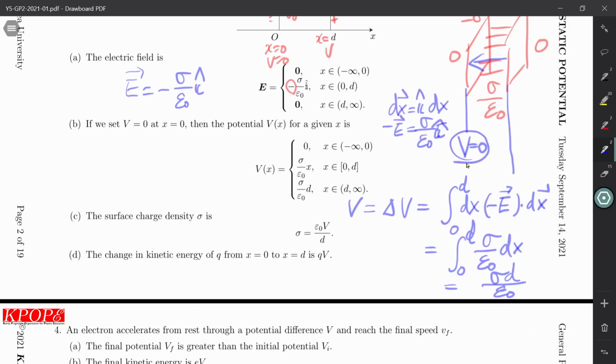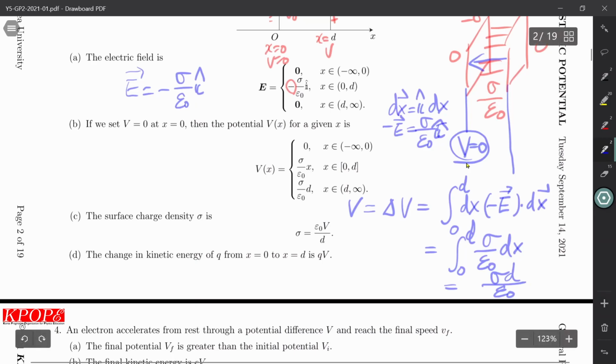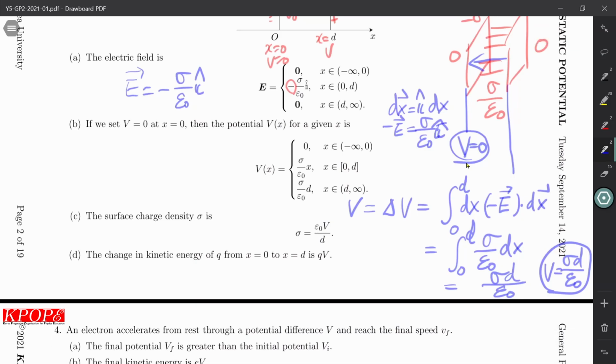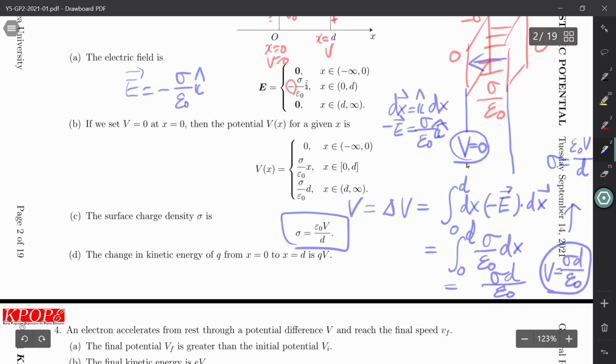So what we obtain is V equals sigma d over epsilon 0. Therefore, you can rewrite this as sigma equals epsilon 0 V over d. This is an expression.